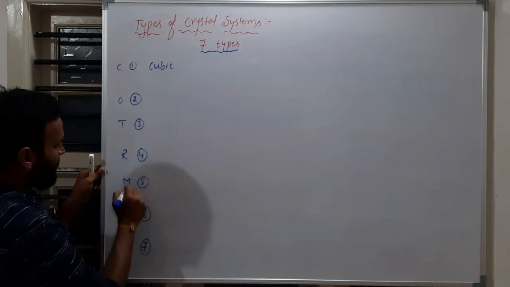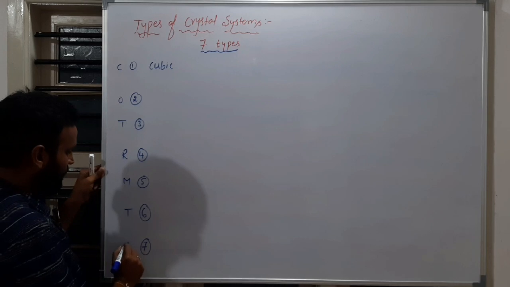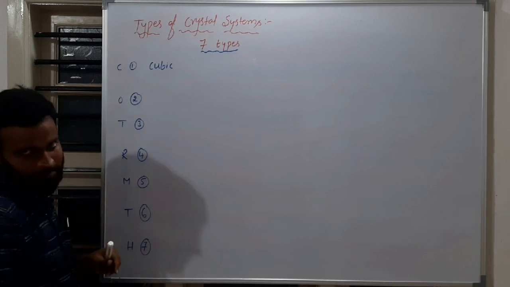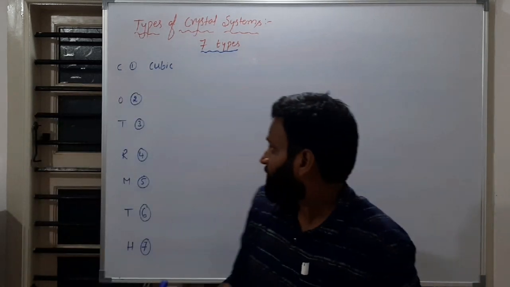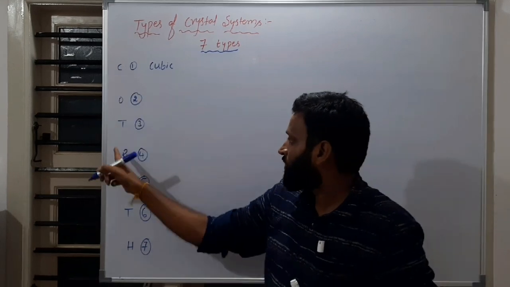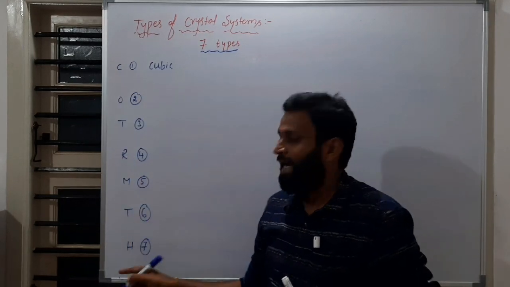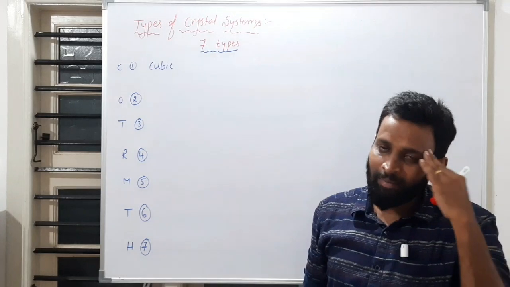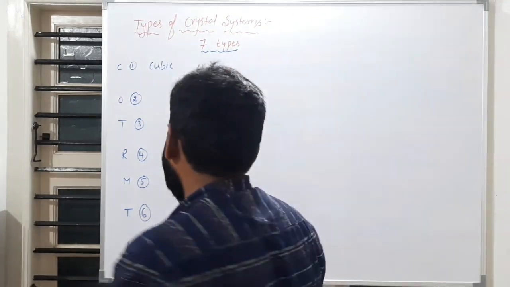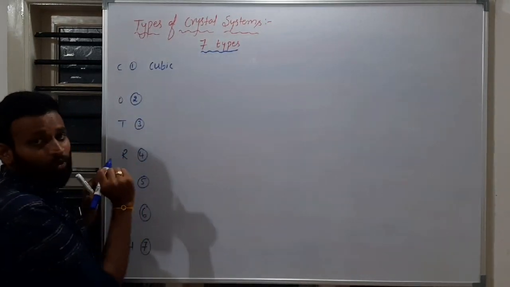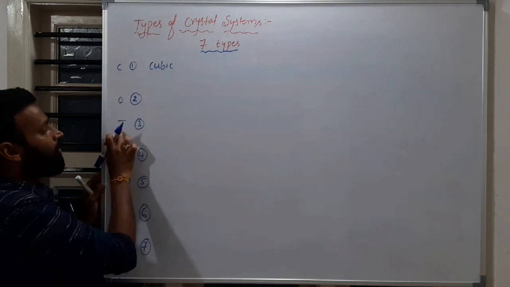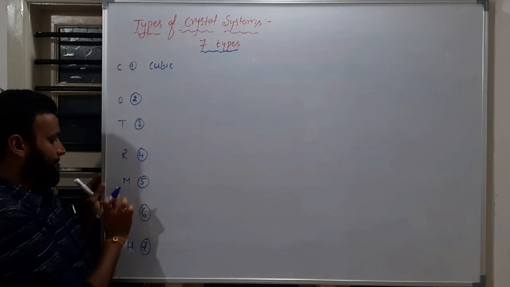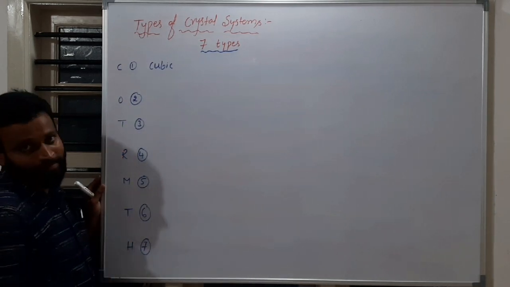Simply you can remember how many types of crystal systems there are. Okay, how to remember? COT, POT, ROOM, MT, H.